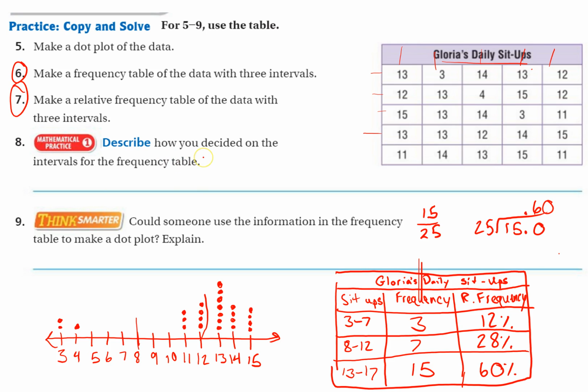Okay, describe how you decided on the intervals for the frequency table. They needed to be the same distance apart.